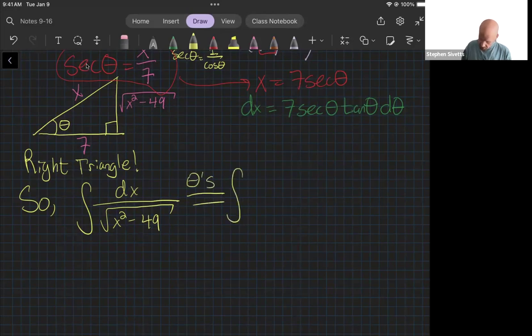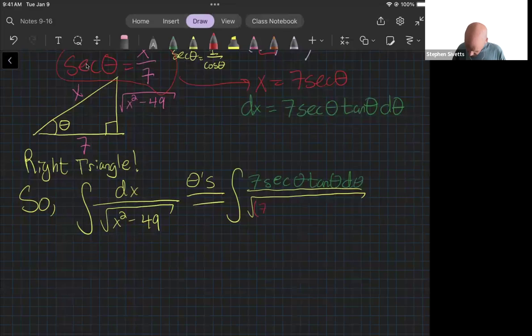This equals the integral of our dx term in the numerator, 7 times secant theta tangent theta d theta, divided by the square root of 7 times secant theta squared minus 49.